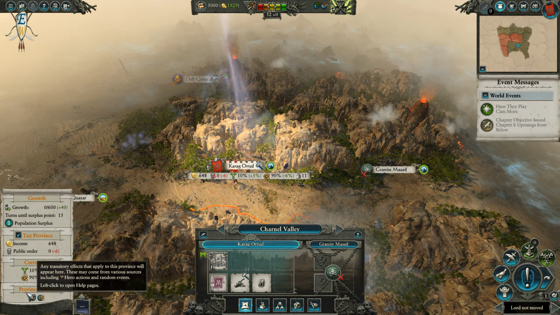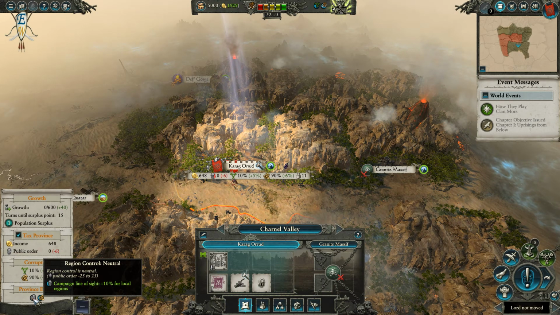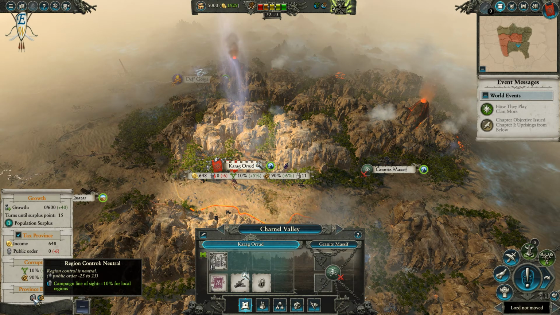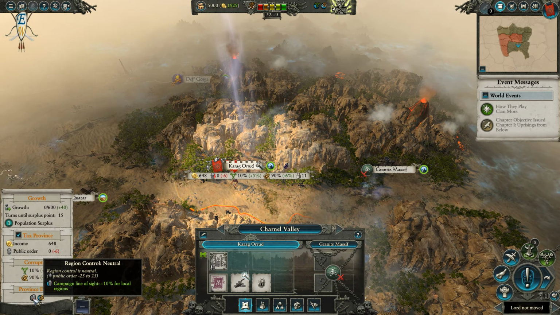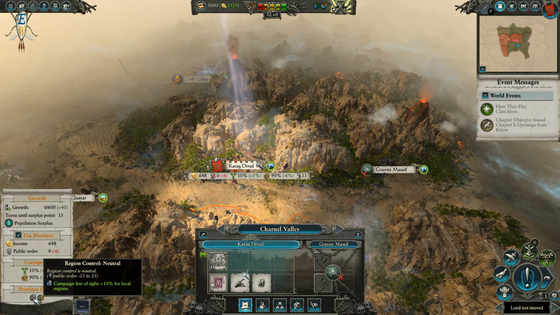Okay, province effects. So basically, region control. So this goes off your public order. The worse your public order gets, the more penalties you suffer, like to your growth, to building cost, recruitment cost. But you do get an increased bonus to public order, and that's because it's trying to balance it out. It doesn't want you to spiral to rebellion quick, so you're not getting constant rebellions.